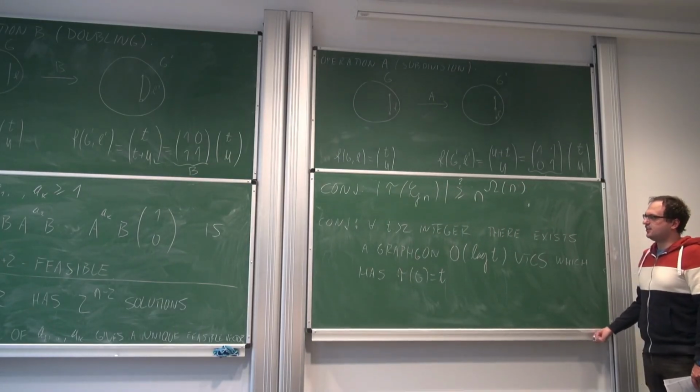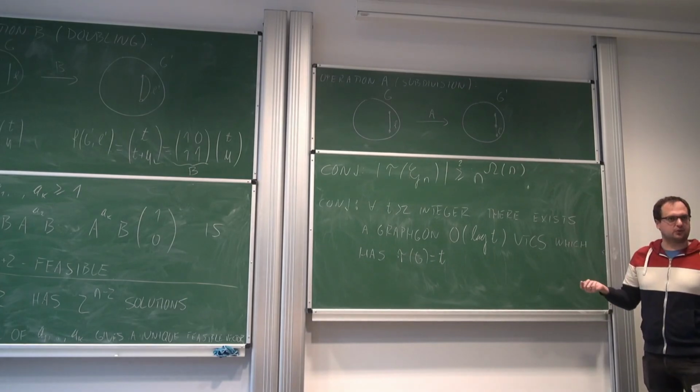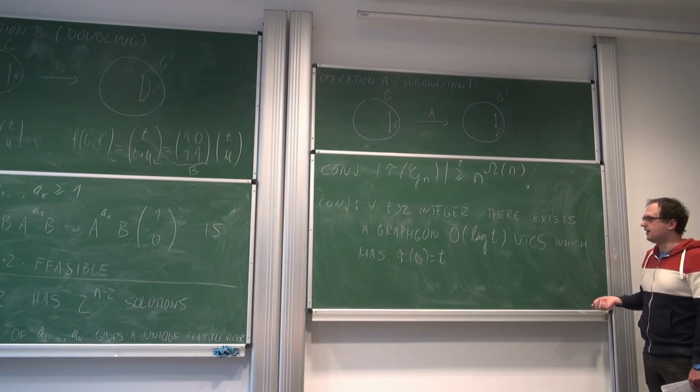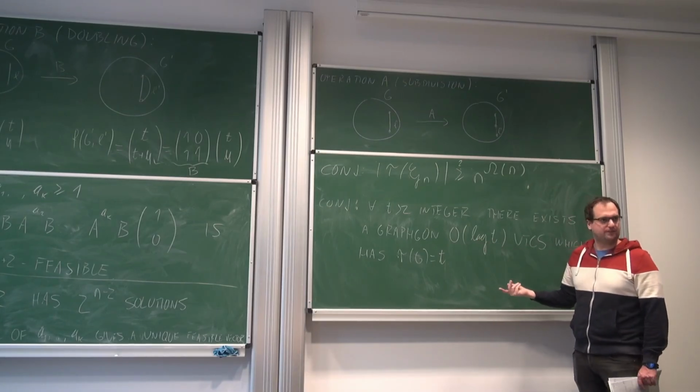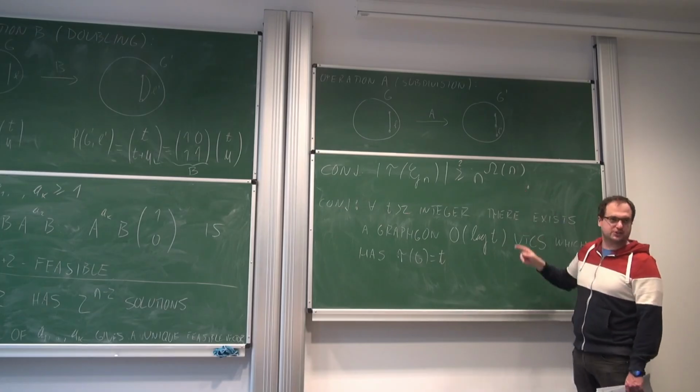This would imply the exponential growth there. And actually, it's even feasible that here it's log t over log log t. So that would imply that conjecture.